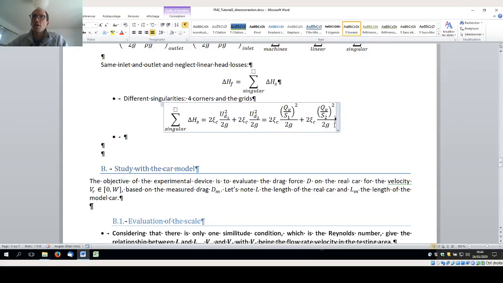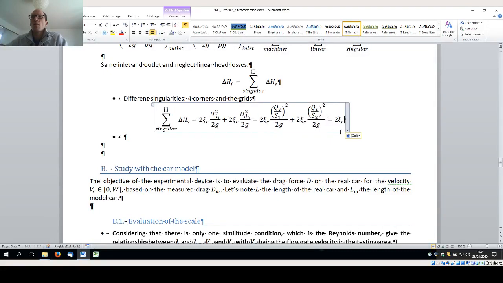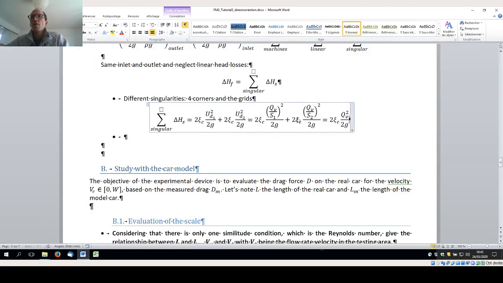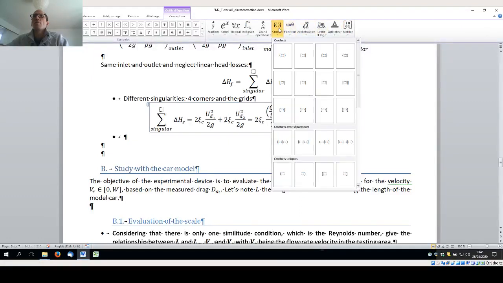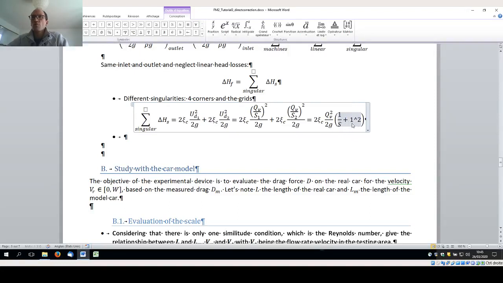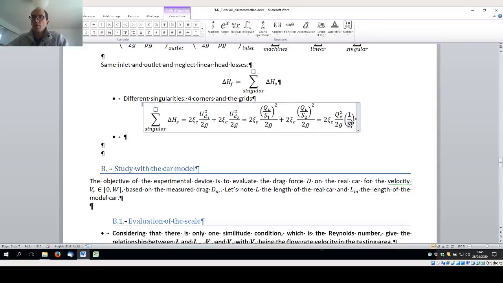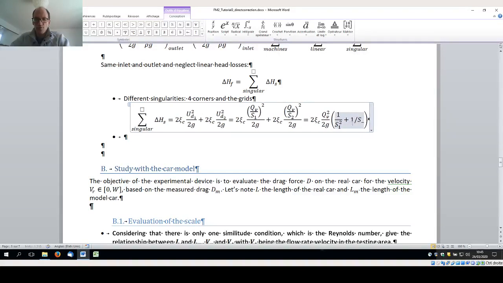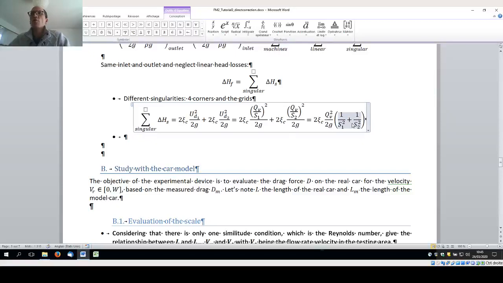If you want, you can rewrite it like, so multiply by 1 over S1 squared, plus 2 over S2 squared, whatever.